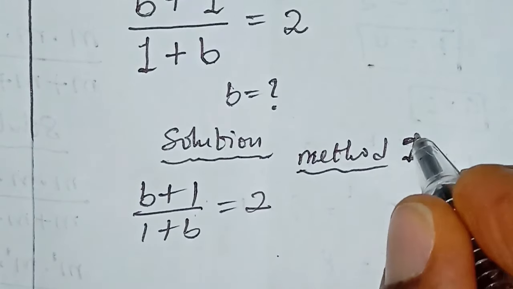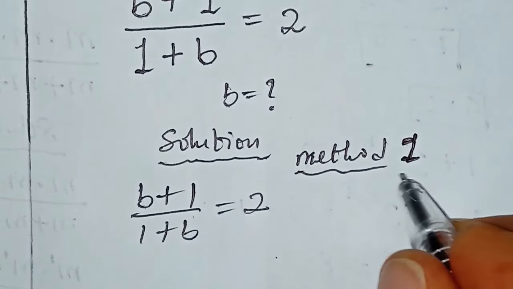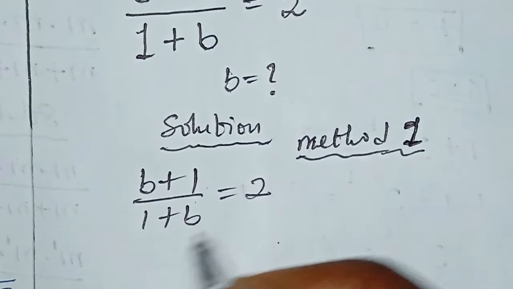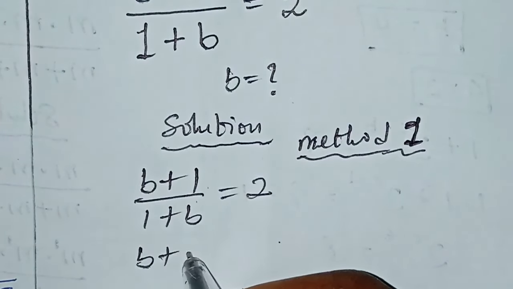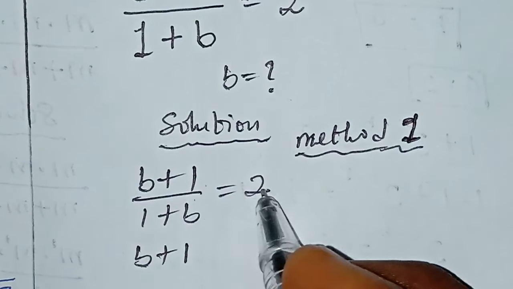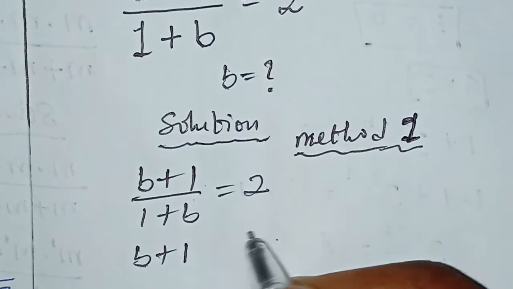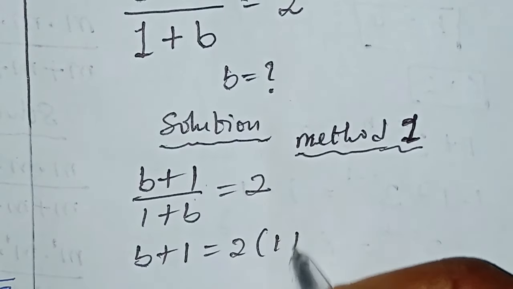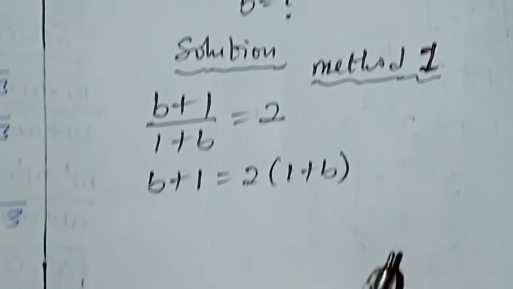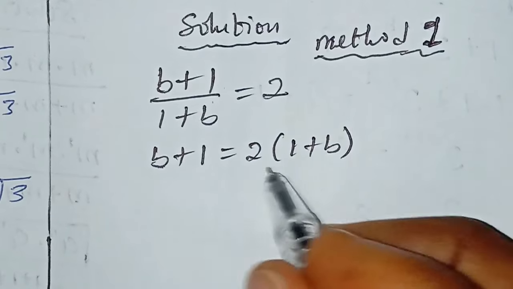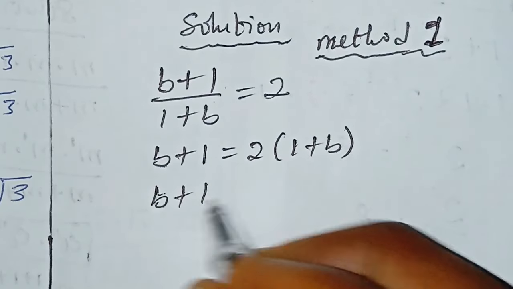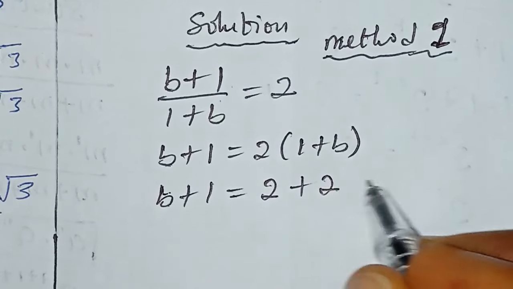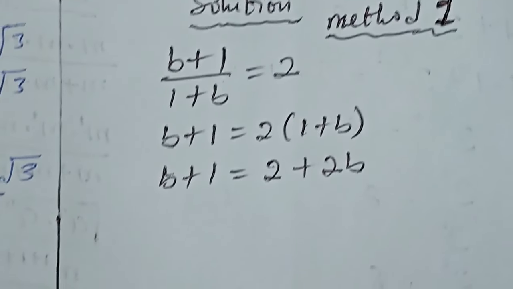From method 1, we rewrite this as b + 1, then multiply it with the right hand side, and that will be equal to 2 into brackets (1 + b). Now we open the bracket, we have b + 1 equal to 2 + 2b.